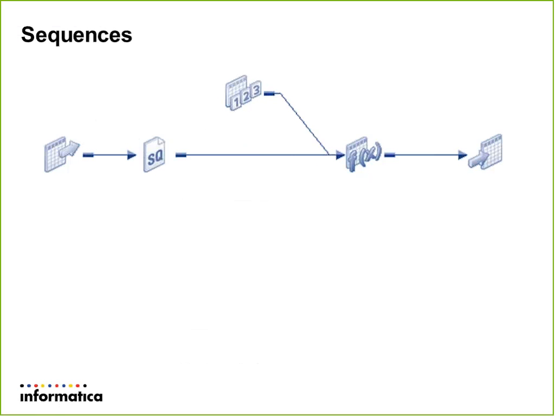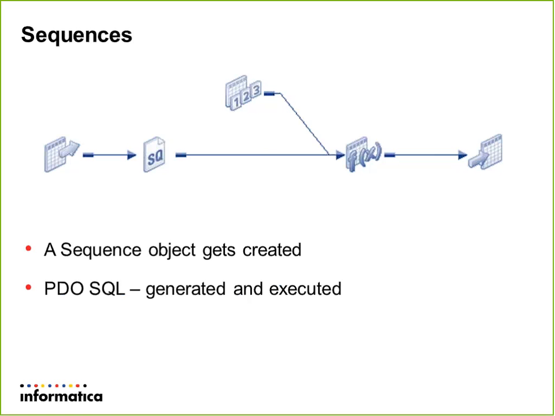To push the transformation logic to a database, the integration service might create temporary sequences in the database. This is required when the mapping contains a sequence generator transformation. After the database transaction completes, the integration service will drop this created sequence. So essentially, a sequence object gets created in the database.